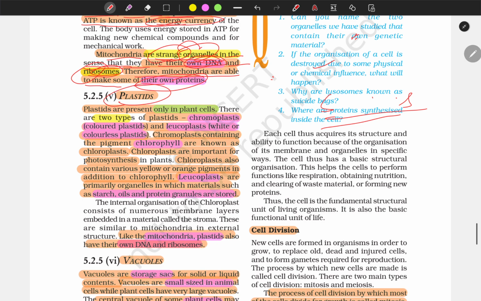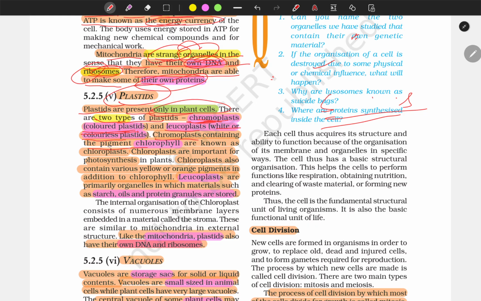Now let's discuss plastids. Plastids are present only in plant cells. There are two types. One is chromoplast, where chromo means color, the colored plastids, and leucoplasts, the white colorless plastids.